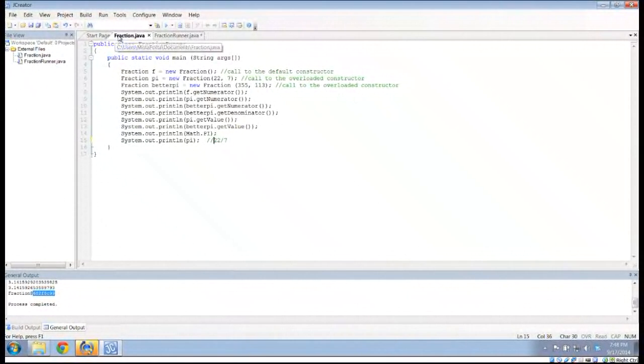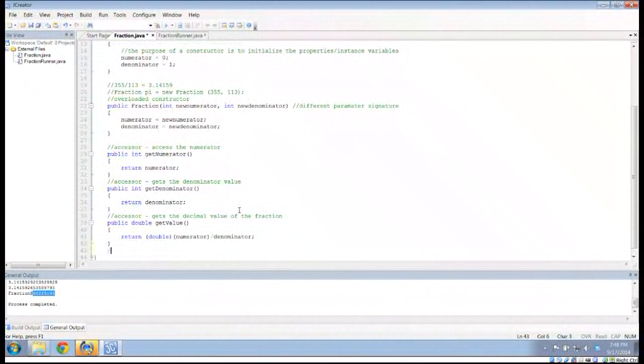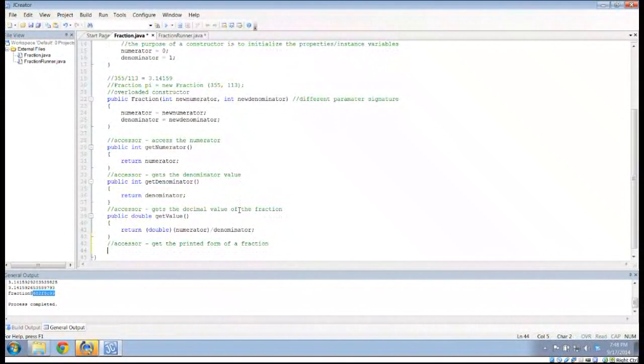And the way I do this is through a special type of accessor, which is going to get the printed form of a fraction. And the name of this accessor is toString.